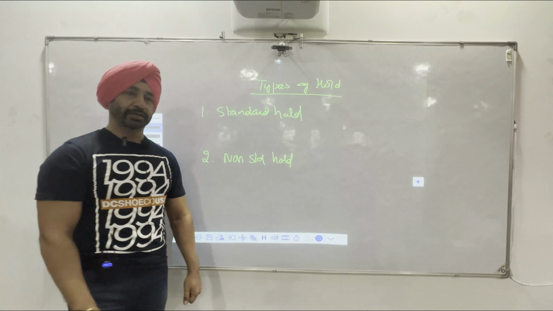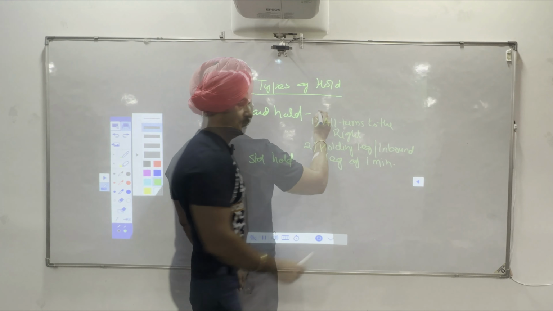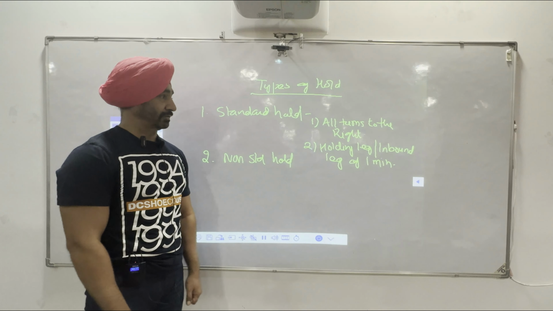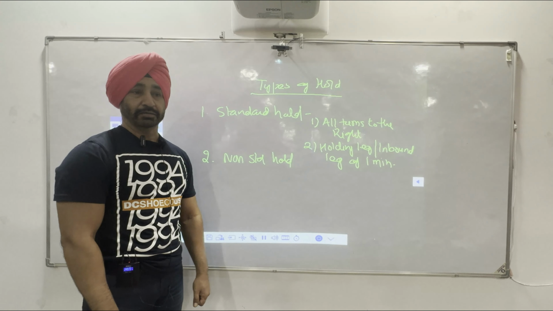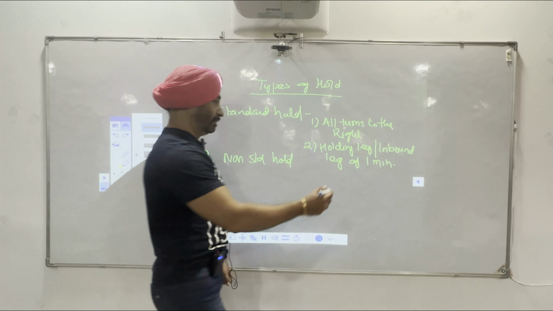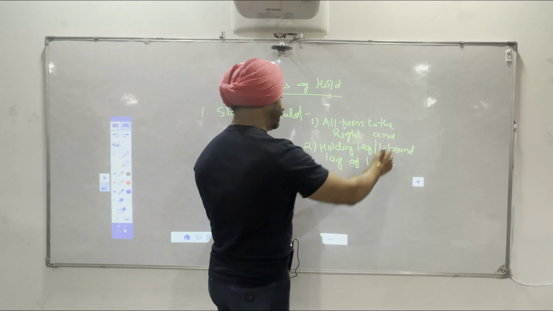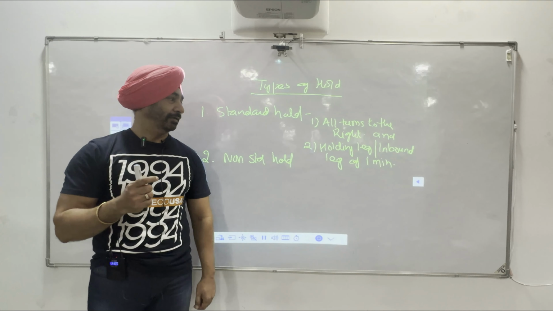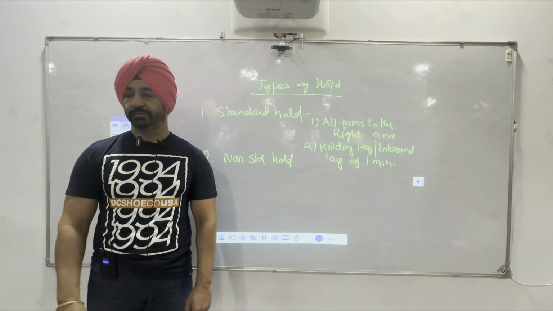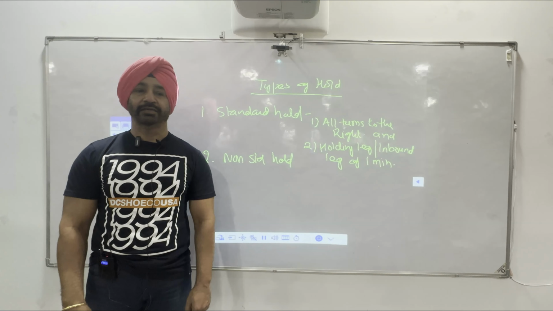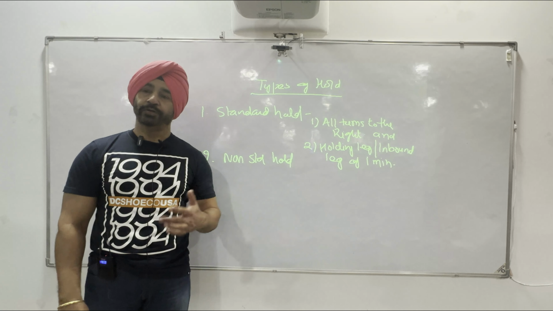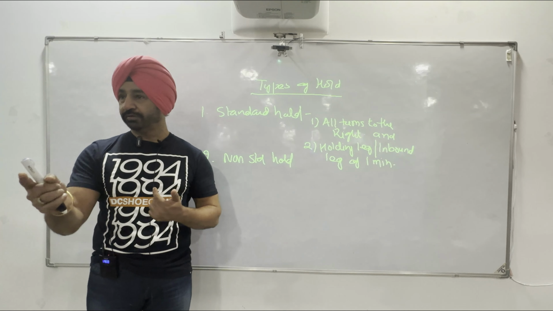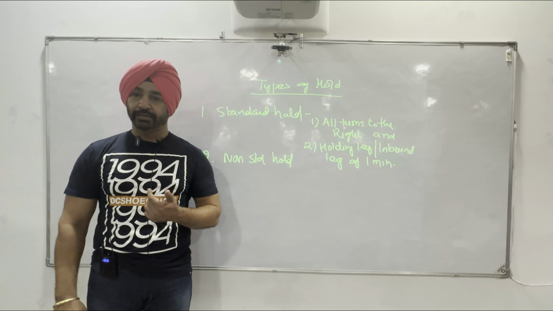When you say standard hold, it means, number one, all turns are to the right, and number two, the holding leg, or the inbound leg which you saw, also called the holding leg, is of 1 minute. That is the criteria for a hold to be called a standard hold. So your outbound is turning right and inbound is also turning right.